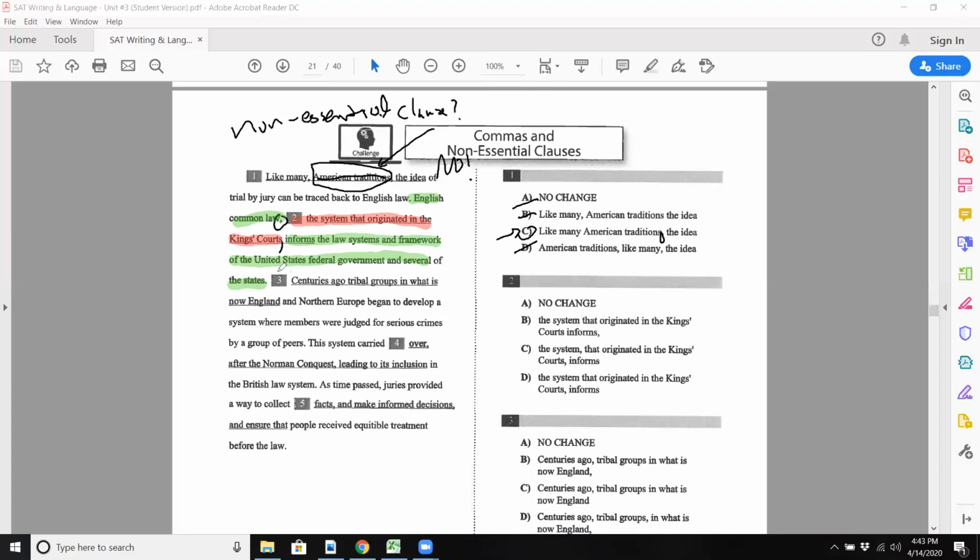But since you have it, you do need a comma. So after courts, I definitely need a comma. So I definitely don't like A or B. I don't like C, so I'm gonna go D. So you want to be very deliberate with your commas. Again, more of the same stuff there.